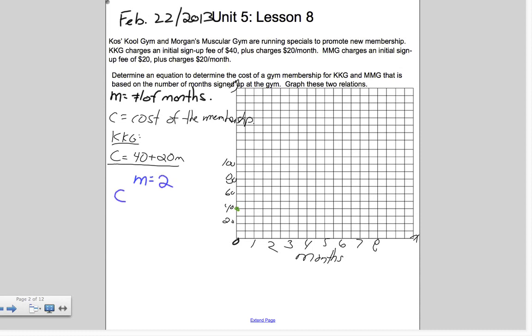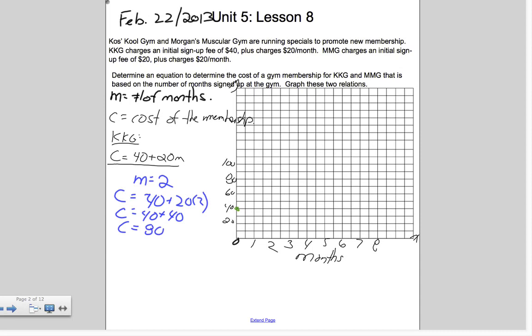we get c is equal to 40 plus 20 times 2, right? And so what do we get from that? 40 plus 40. So the cost is really $80 after 2 months.